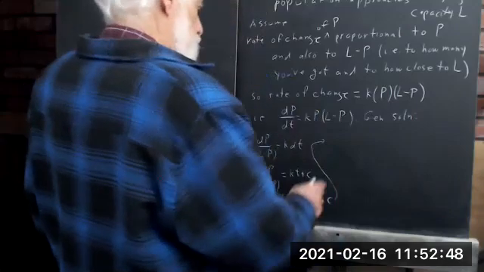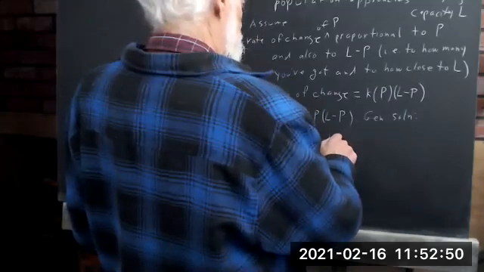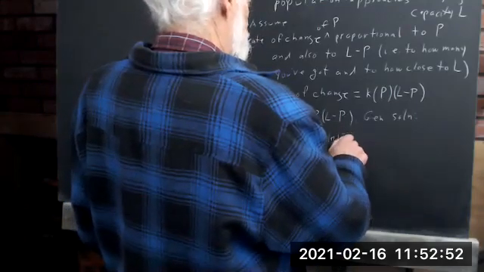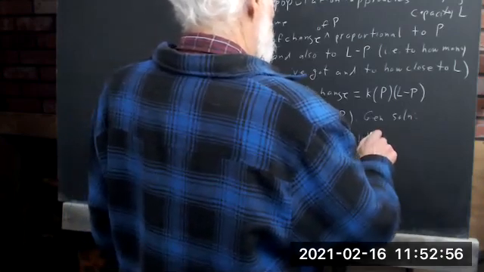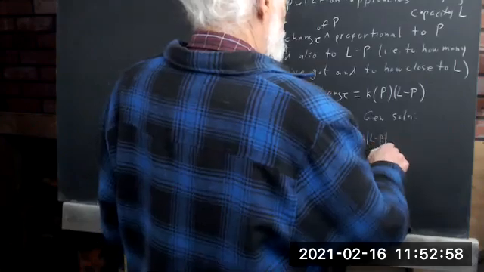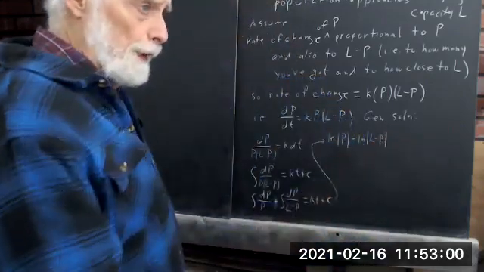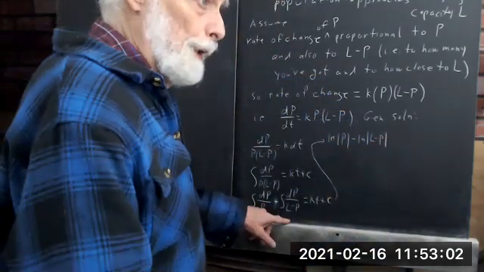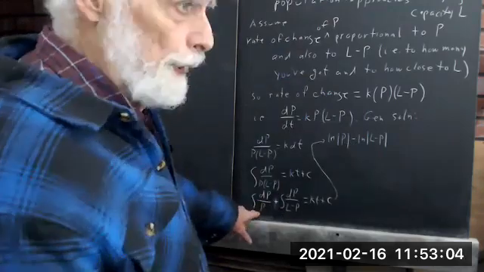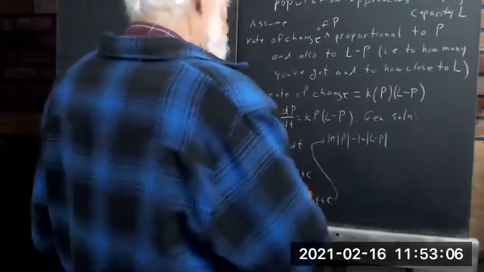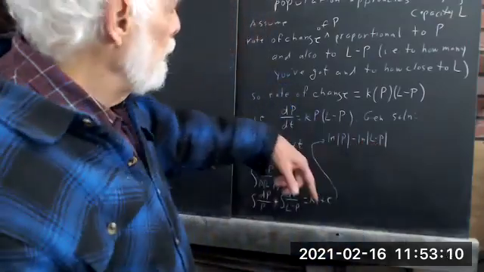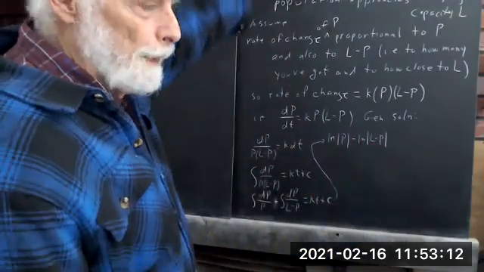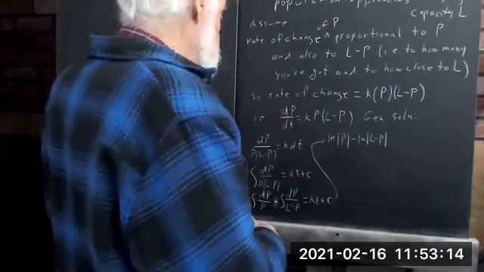So the integral is the natural log of P minus the natural log of L minus P. We're using absolute values now because, of course, L minus P can be negative. You don't really have a negative population, but L minus P can be negative in the case where you start with a population bigger than your carrying capacity.